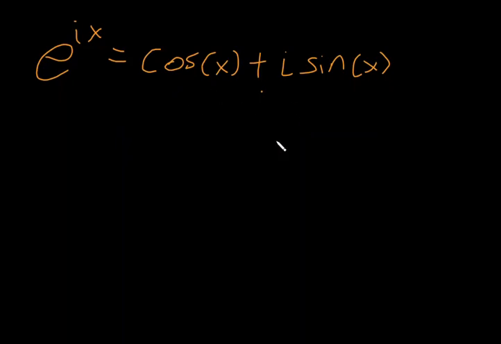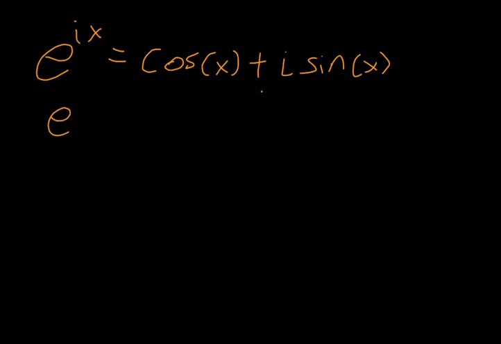And I will show one thing that can kind of half-prove this formula. But first of all, I just want to make one generalization. This is e to the ix, but often x can be anything.